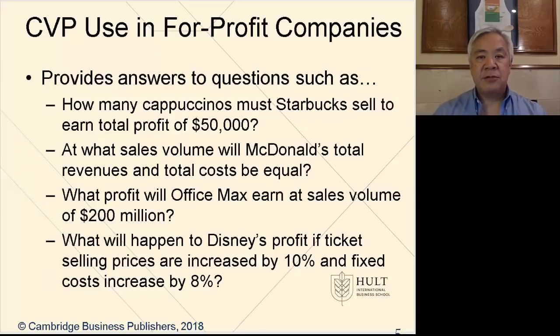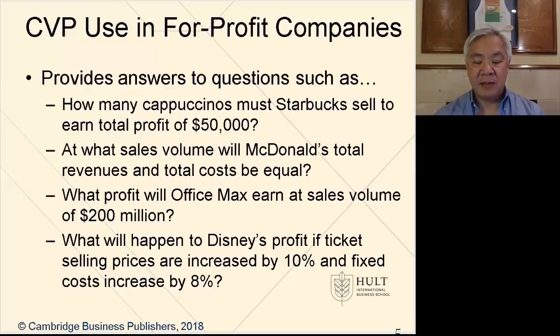We're going to look at two different perspectives. One is if you're a for-profit company, and the other is you're a not-for-profit company. For-profit is pretty obvious what we want to do. If we're Starbucks, we want to know how many cappuccinos do we have to sell to earn a profit of $50,000. If we're McDonald's, we may want to look at what is the break-even point. How many hamburgers or French fries do we need to sell to break even in a particular store?